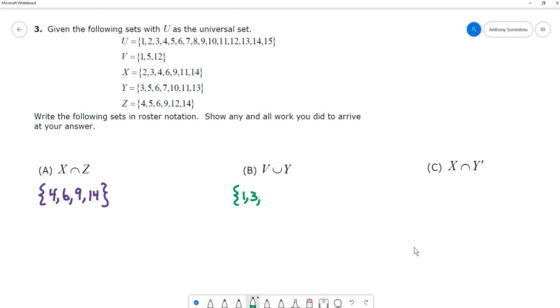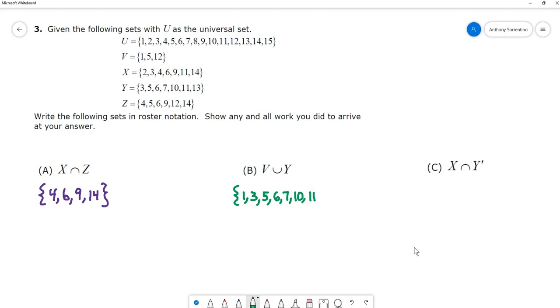Now 2 is not a member of either one of them, so 2 is not included. As I can see, the next number up on the list of both of them is 5, so they both have it, so 5 is included. 6, 7, 10, 11 are in Y but not V. But since it's a union, that's good enough. So 6, 7, 10, 11.